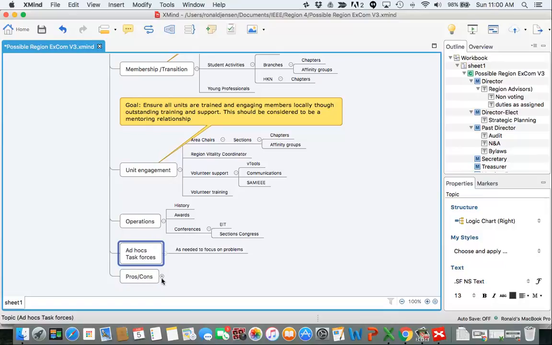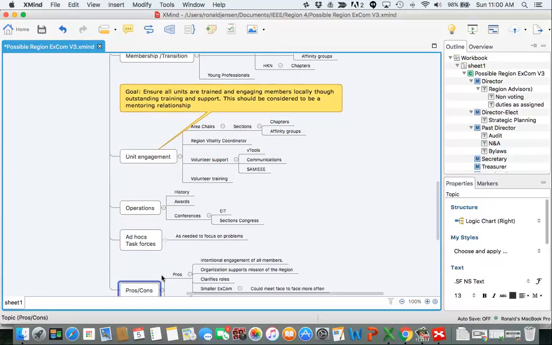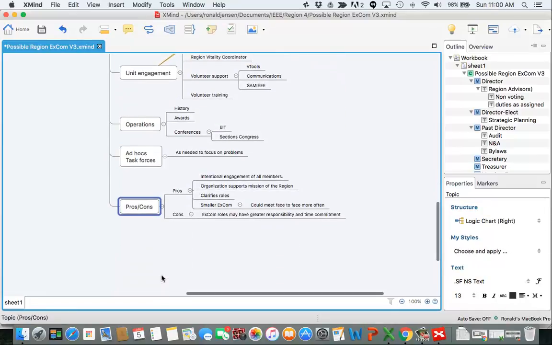The last one is just a set of pros and cons. Let me open this one up and move this up so you can see it. So the pros, and we've kind of talked about this: the intentional engagement of all members, not just some members, all members, because we really want this organization to grow and be effective within our technologies.